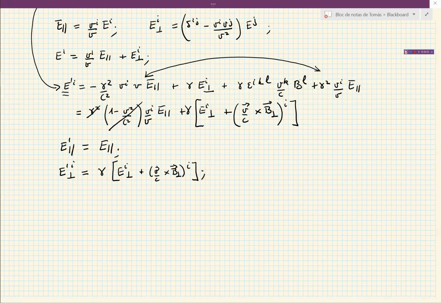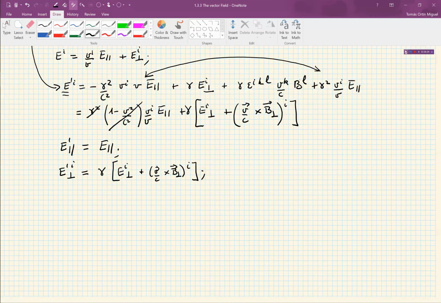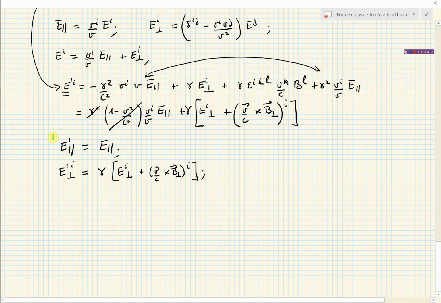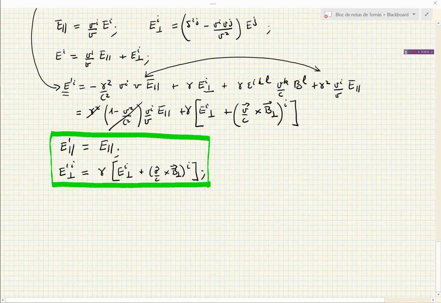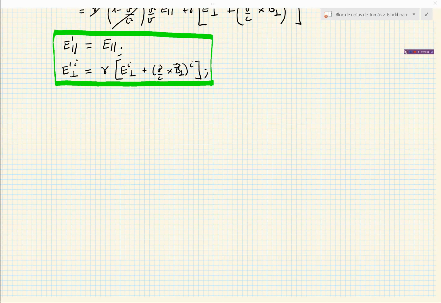Yeah, let me put the square brackets. Okay, so this is an interesting result that we also want to frame, and we just have to repeat the same thing for the magnetic field. This calculation is going to be a bit more complicated because it involves the epsilon symbol from the beginning, but let's just go. We take the definition of the magnetic field, and now primed.